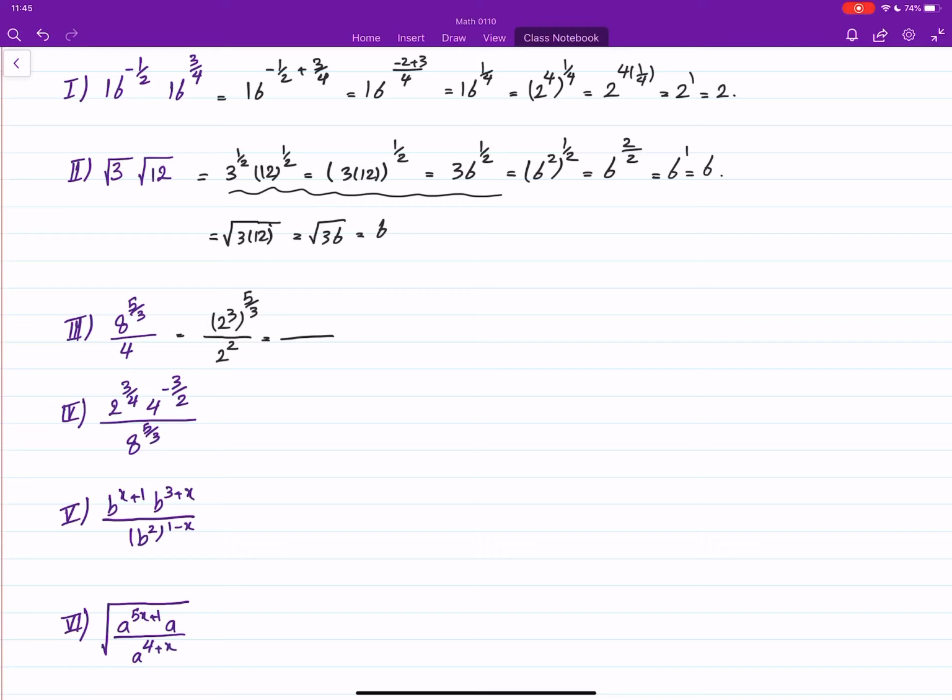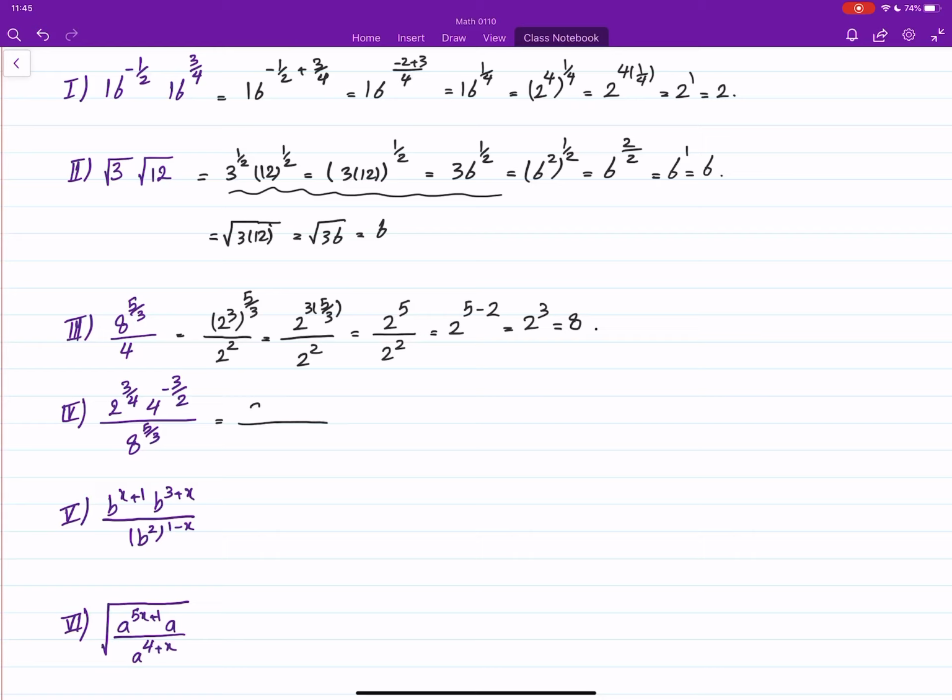So to start with, we didn't have the same base, but doing this trick, we get the same base in the numerator and denominator. This is 2 to the power 5, 2 to the power 2, and we use the rule to get 2 to the power 3, and that is 8.